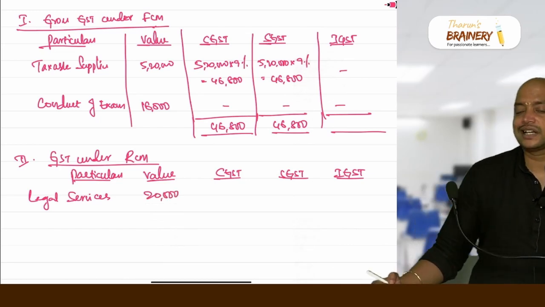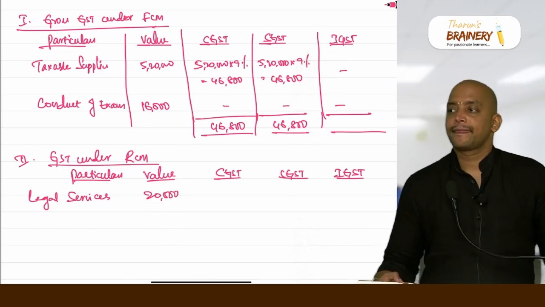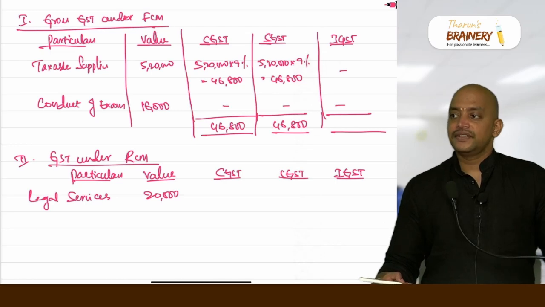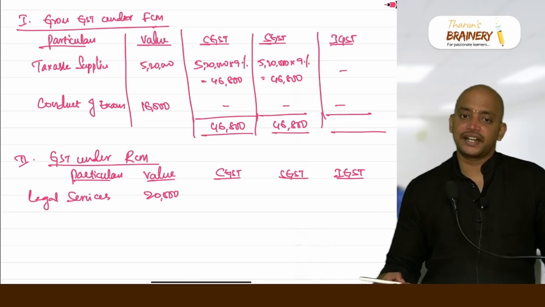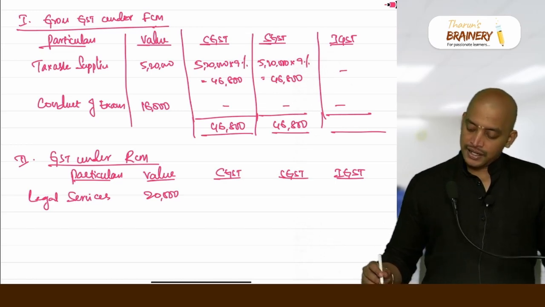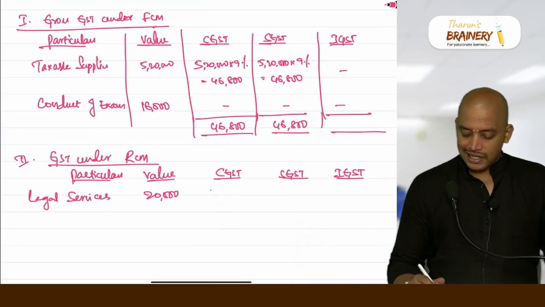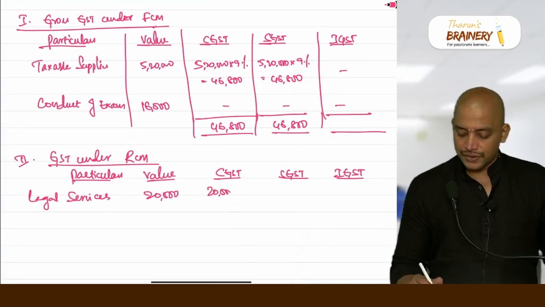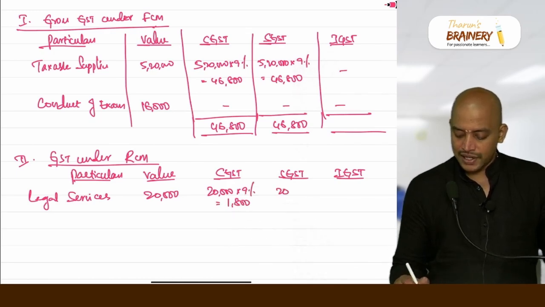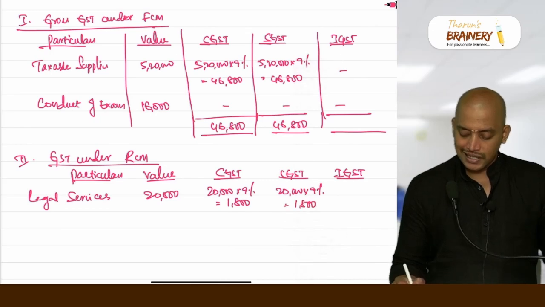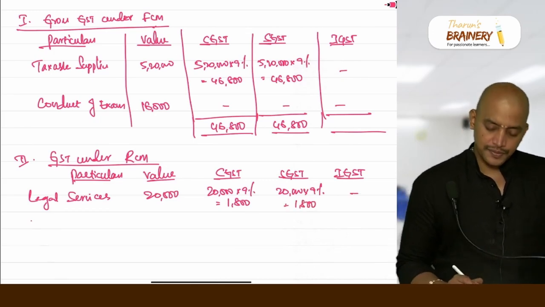Is it within the state or other state? Within the state. Within the state means CGST, SGST. What is the rate of GST? 9%. So 20,000 into 9%, 1,800.